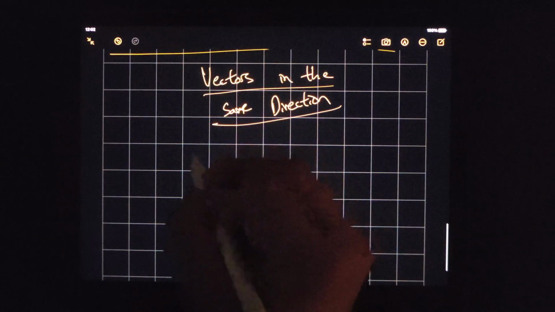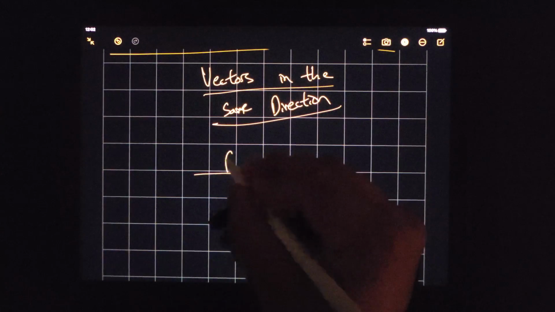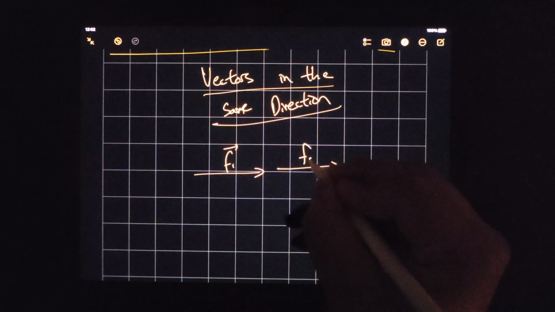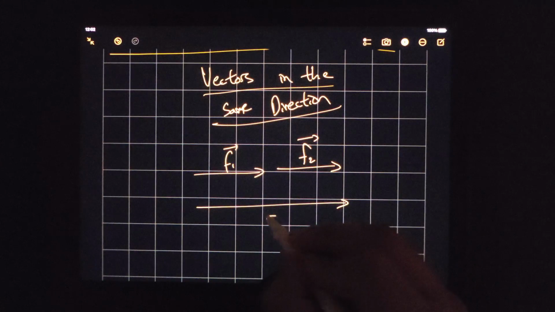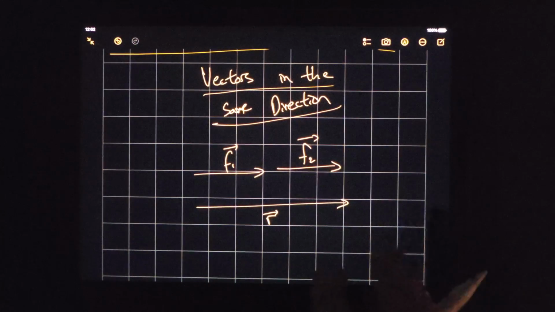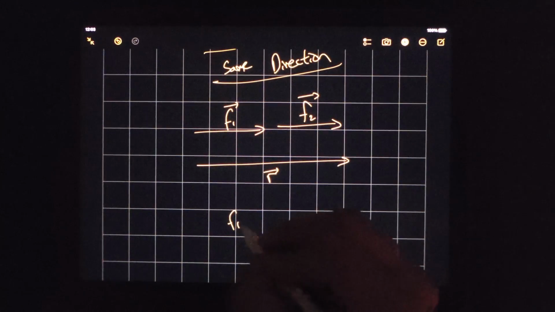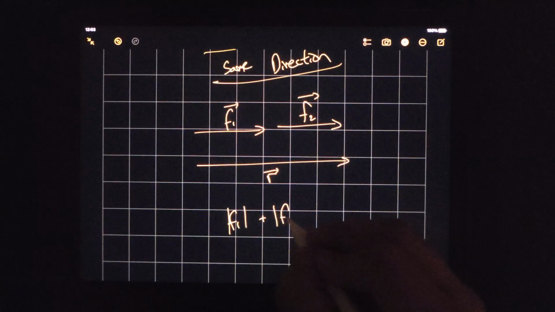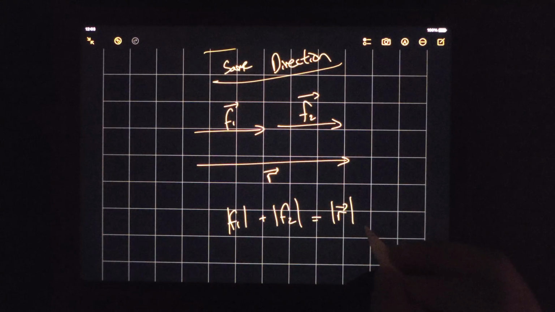When you have two vectors, say they're both going just straight that way, say F1 and F2, then you have the sum of R. I'm just making these letters up as I go. The magnitude adds: F1 plus F2 is equal to the magnitude of the sum, and the direction stays the same.